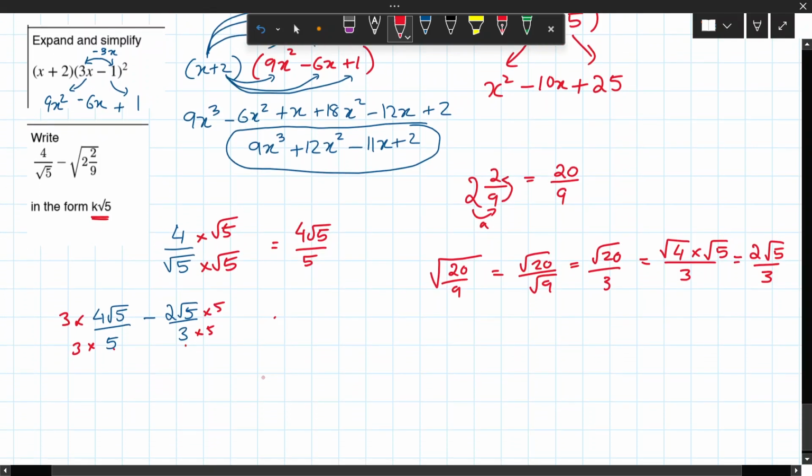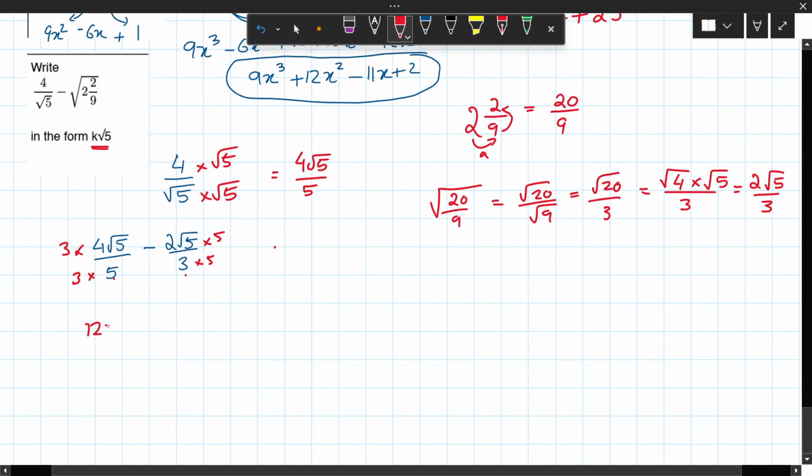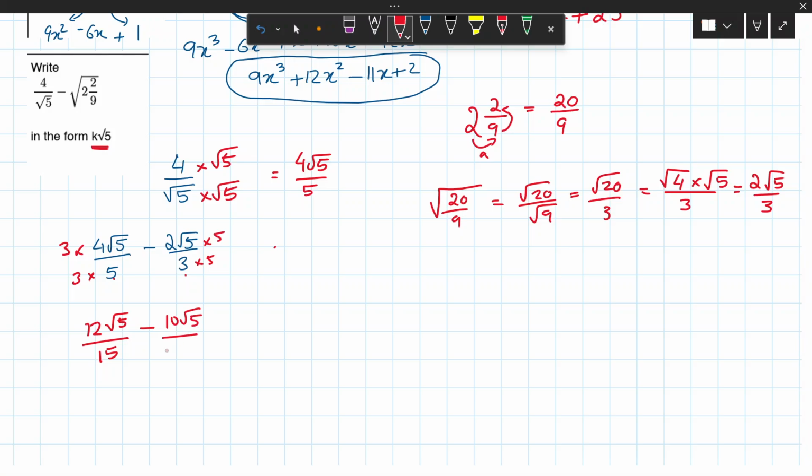So now we have 3 times 4, that's 12 root 5 over 15, minus 10 root 5 over 15. We have the common denominator, so that would be 2 root 5 over 15 in the form. So the k that we're looking for is 2 fifteenths times root 5.